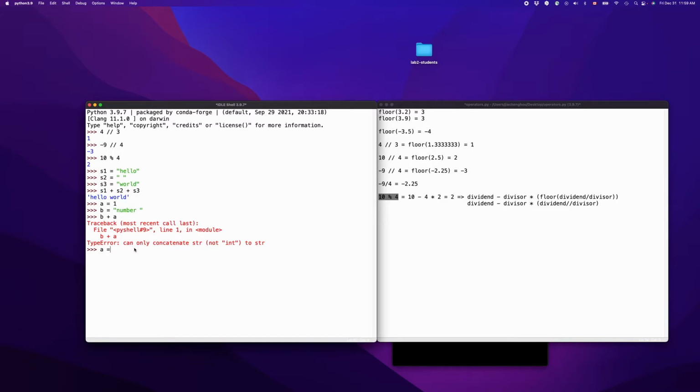While here, if we change a to a string, then we run b plus a. Yes, output is correct. You can also try a is equal to 4, and then we use a multiply b, to repeat the string b, number with a blank space in the end, 4 times.